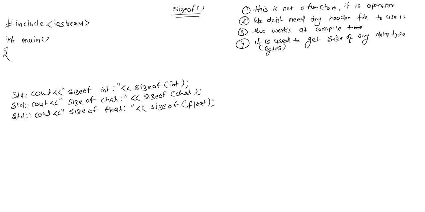So this will print 4 bytes. This will print 1 byte. And float will also take 4 bytes. So I can return from here with the syntax return 0 and then close.